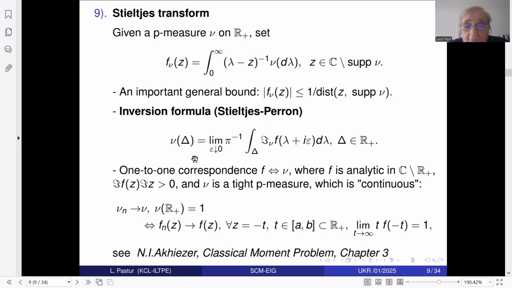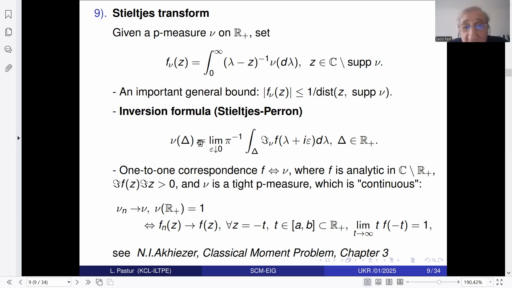You can take the limit in both formulas. For a sequence of measures nu, you can take the weak limit, and for the Stieltjes transforms, you can take the limit on any compact set of the complex plane that does not intersect the spectrum.